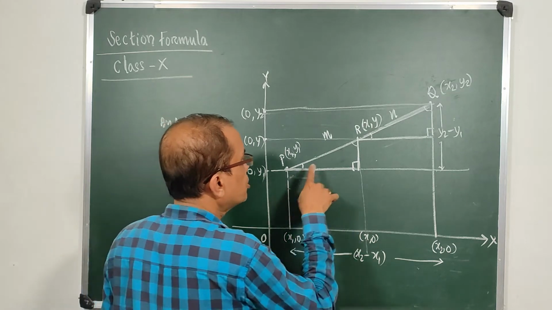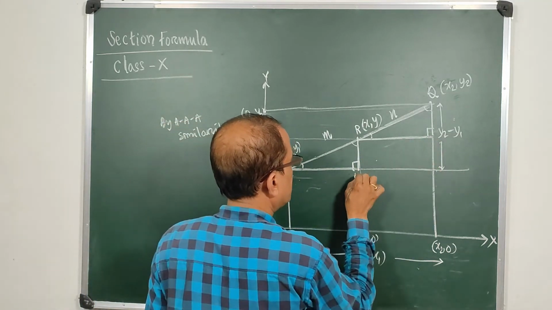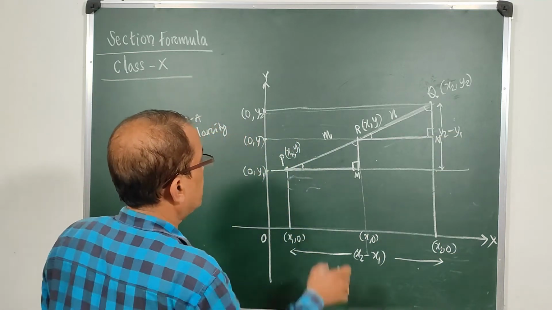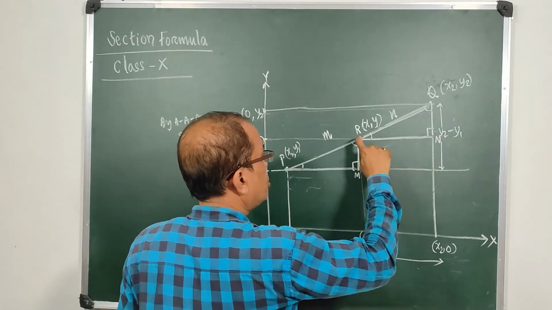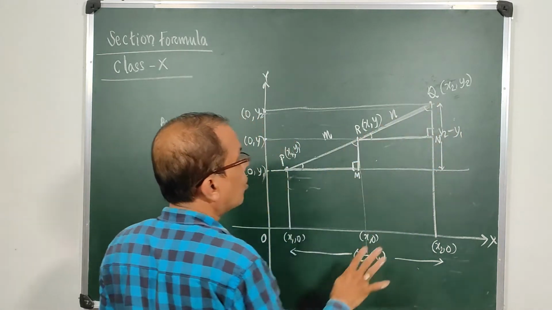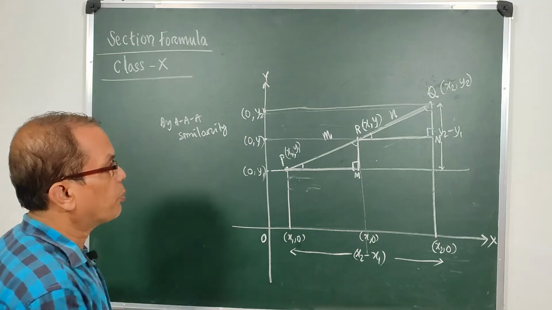So if we name these 2 points, say this is M and this is N, then we can find that these two bases, these two altitudes and these two hypotenuses all are proportional.